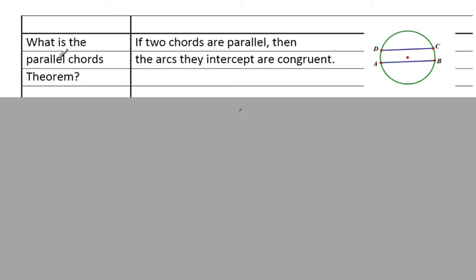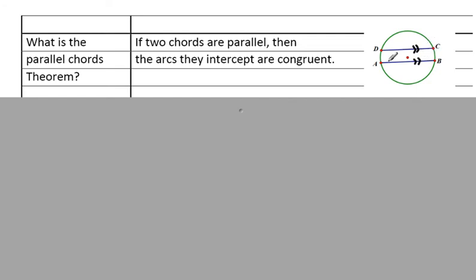Okay, your next study question, what is the parallel chords theorem? And that says that if two chords are parallel, then the arcs they intercept are congruent. So let's go ahead and mark CD parallel to AB.